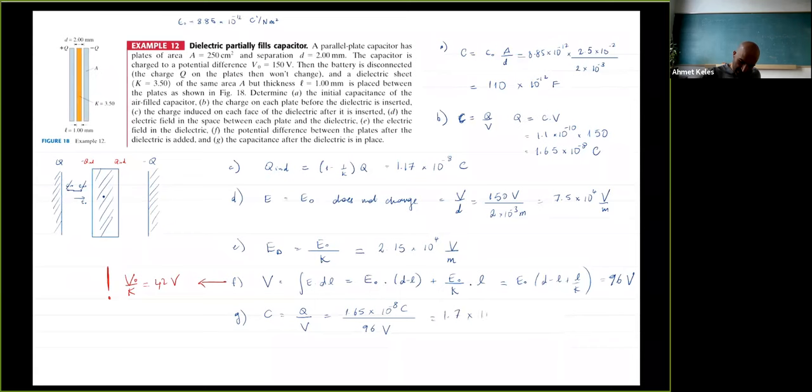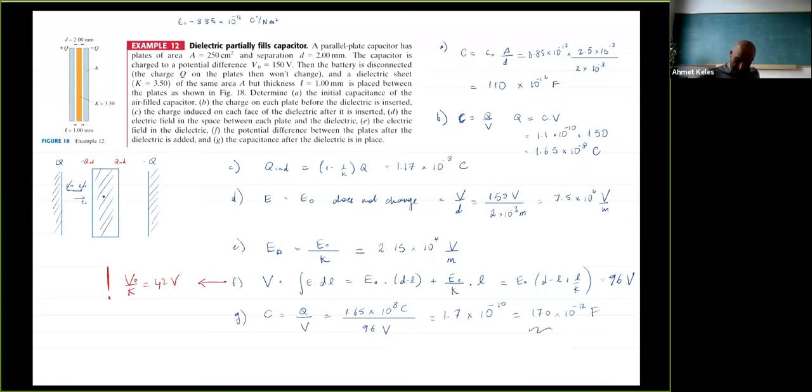I get 1.7 times 10 to the minus 10, or to compare with this, 170 times 10 to the minus 12 farad.